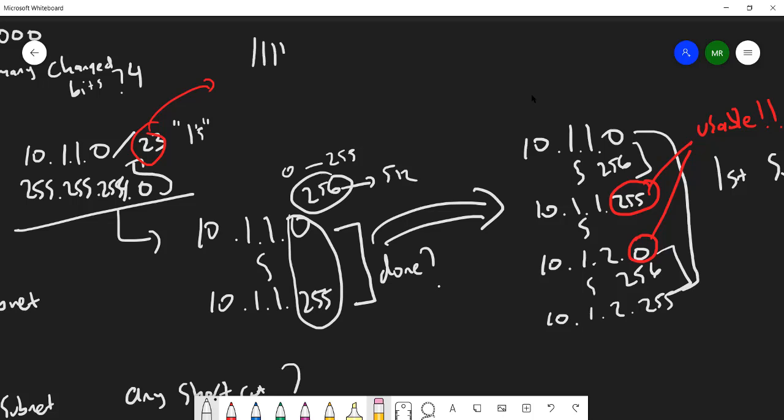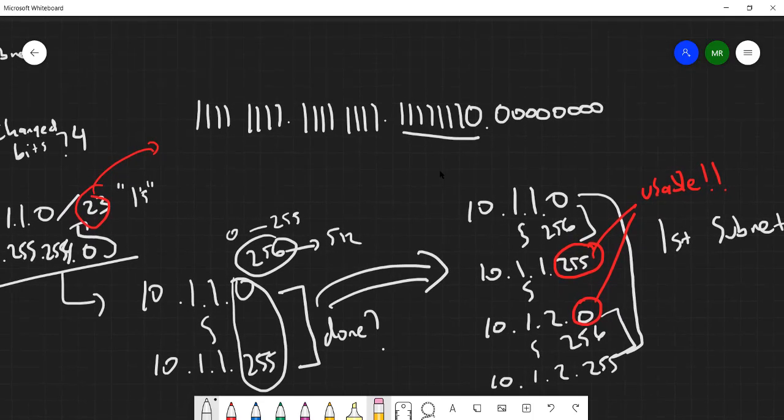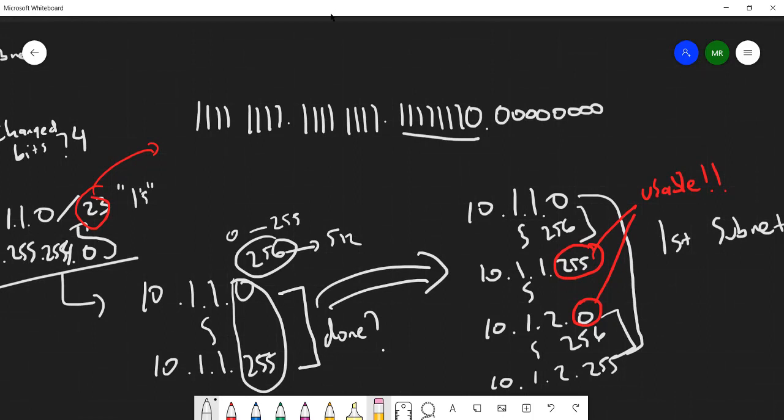Now back to the question, how many subnets is /23? We have 23 ones. You see that in the third octet we have 1 1 1 1 1 1 1 0. From previously all ones, how many bits are changed? Only 1.